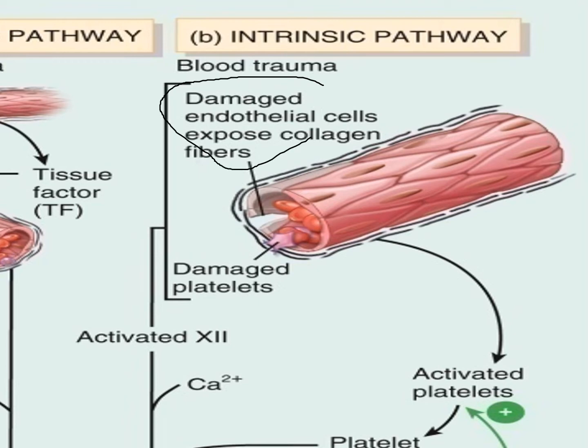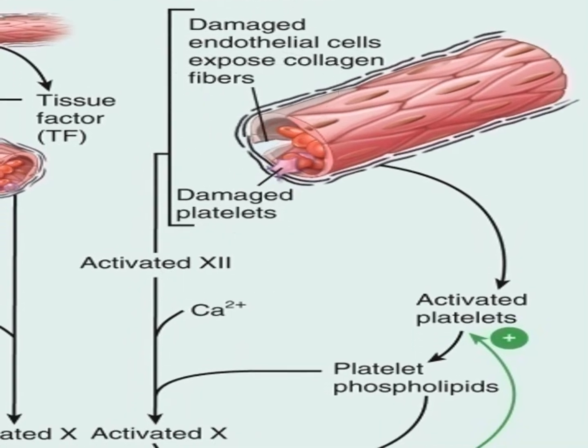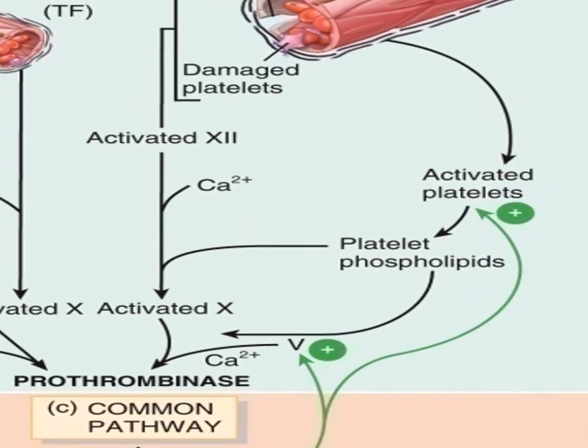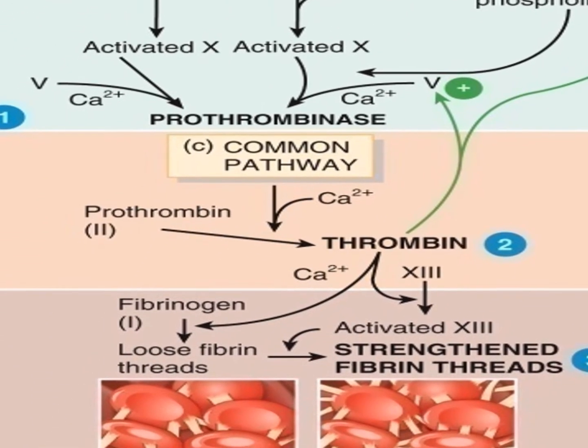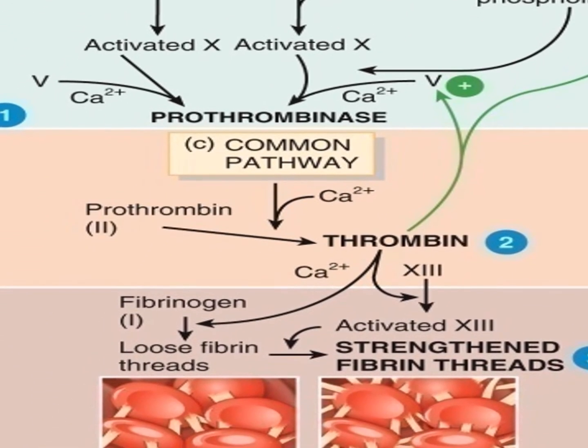Blood vessel trauma exposes collagen, which damages the poor, tender platelets trying to pass through. The platelets release all sorts of chemicals, including phospholipids, calcium, ADP, serotonin, and thromboxane A2, ultimately leading to the same two steps.